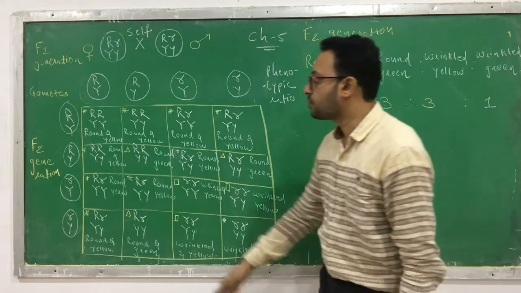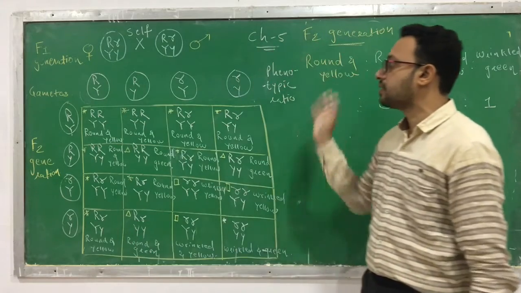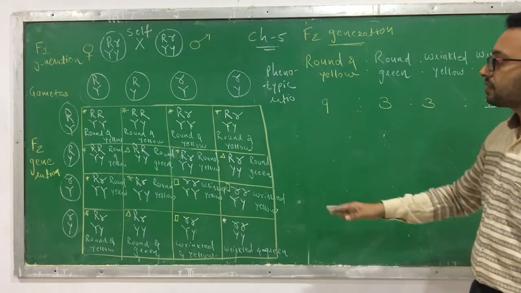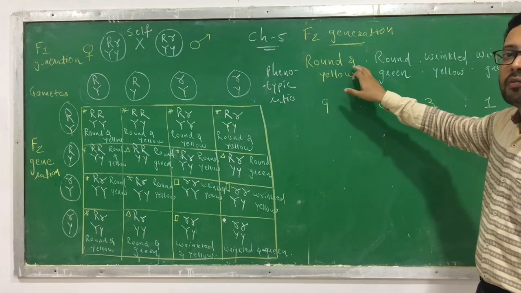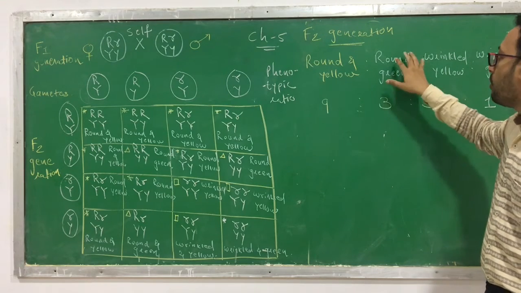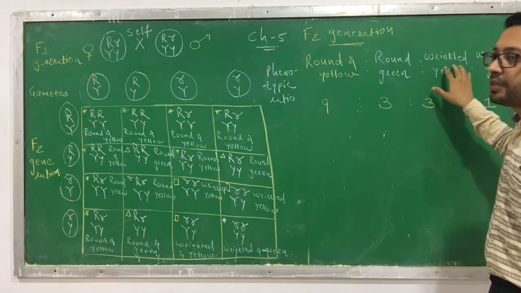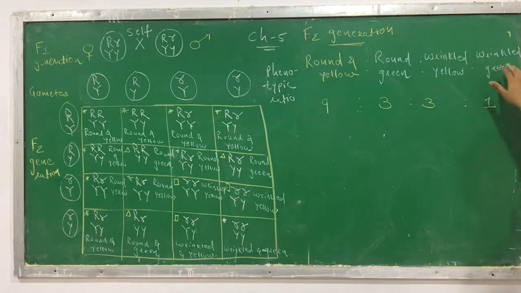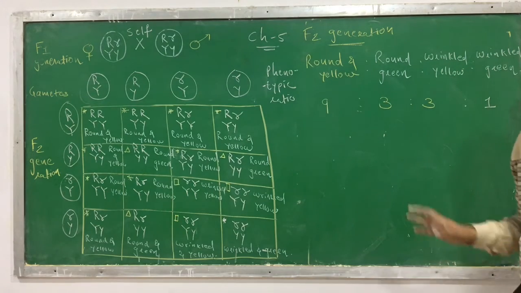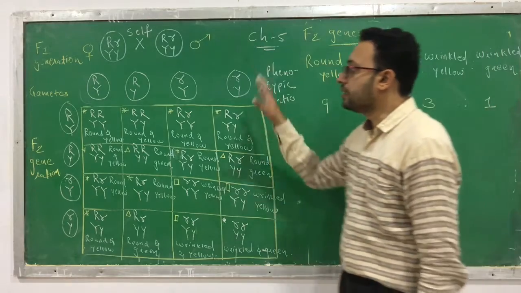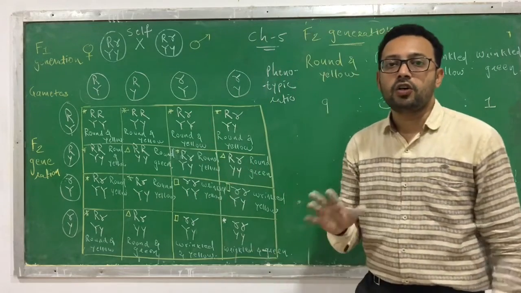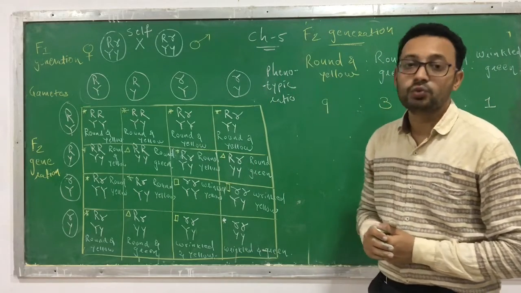You know how to do this. On one side male gamete, other side female gamete. You have to mix it, and then you count. How many round yellow? 9. How many round green? 3. How many wrinkled yellow? 3. How many wrinkled green? 1.